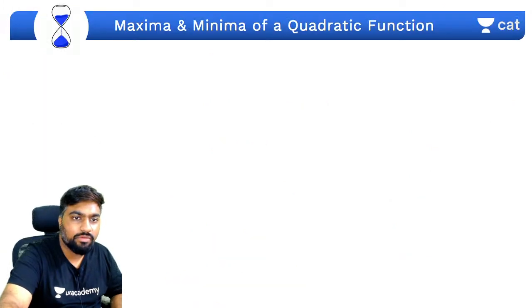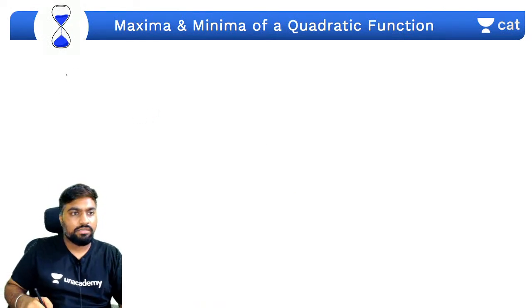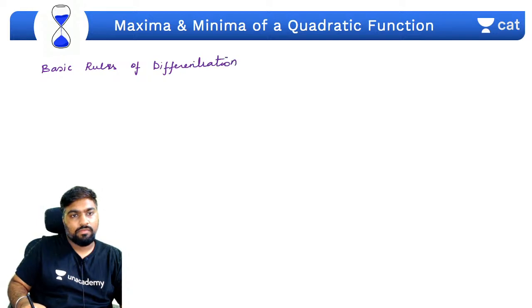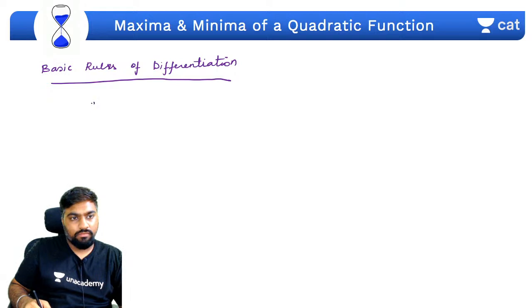Same question, shall we do it using derivation? How many of you know the rules of derivation? Let's quickly talk about the basic rules of differentiation or derivation, whatever. When we have to find the derivative of something, we use d by dx.